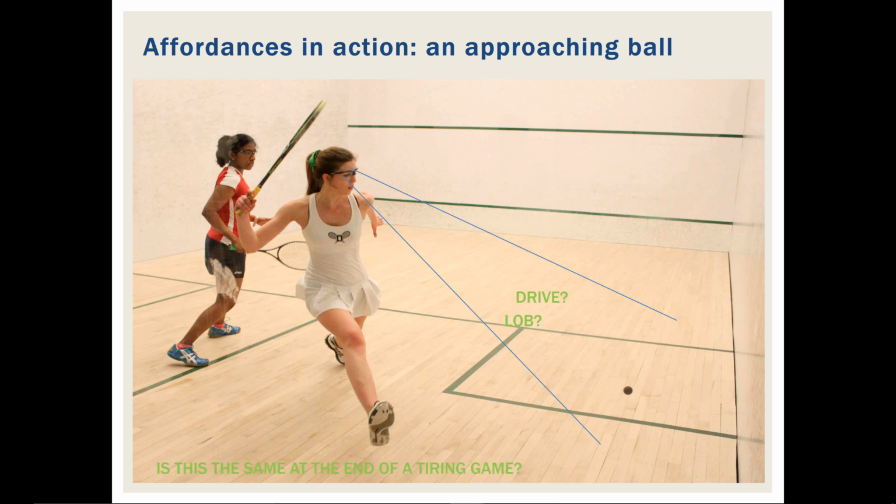Another example of affordances in action is an approaching ball. Let's say you're playing squash with someone, and the ball lands here. Based on how high the ball bounces, or how low the ball bounces, you might use a drive or a lob. Yes, the moment you perceive information in your optical array, that is going to change the next part of motor behavior that you're going to execute.